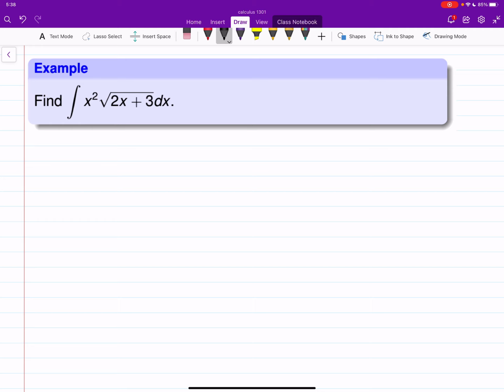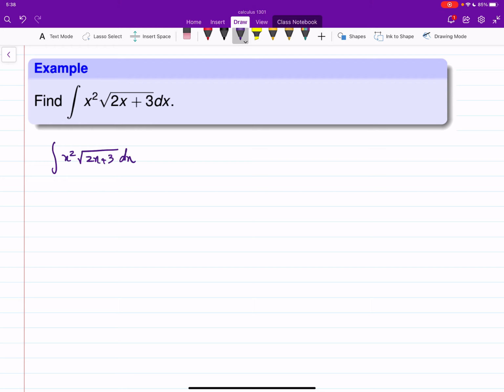Okay, so let's start with this one. None of the obvious substitutions will work here. I don't have any clue how to start, but one thing I always try to do is, if under the square root I have a bunch of things added, change it to one big piece.